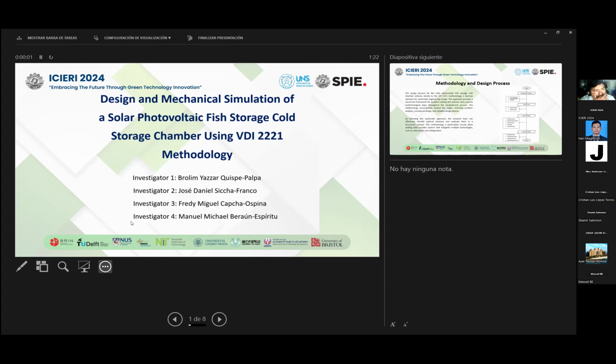Black box and white box analysis. Black box and white box analysis are essential in designing the solar photovoltaic fish storage cold chamber. The black box approach offers an overview of system inputs and outputs, without detailing internal processes, clarifying system requirements and performance.